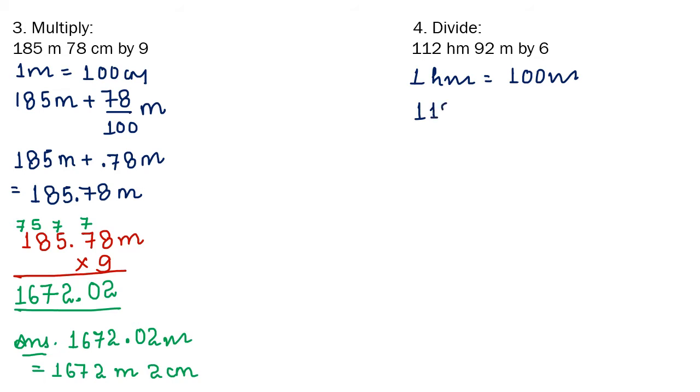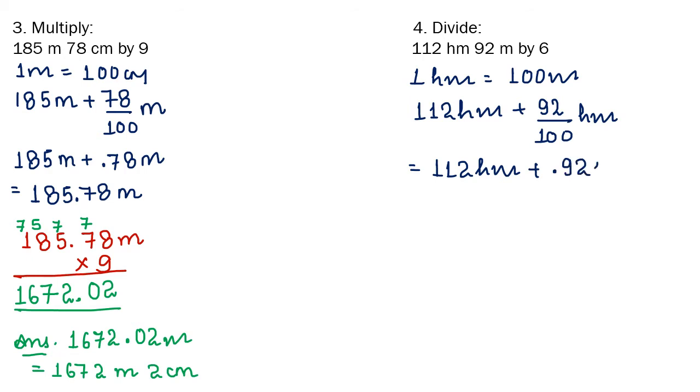So 112 hectometer plus 92 upon 100 hectometer. It will be 112 hectometer plus 0.92 hectometer. As two zeros are there, so we will put point before 9. So it will be 112.92 hectometer.